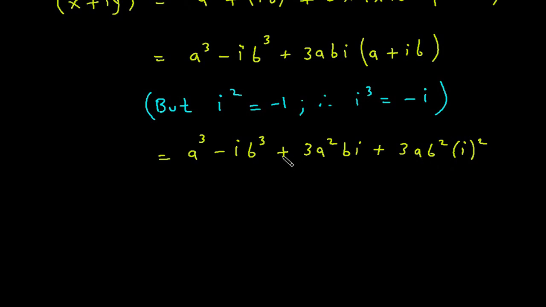Then again we will further simplify this. So this will be a³ − ib³ + 3a²bi + 3ab² into −1. So from here we will take this plus sign and change it to minus.